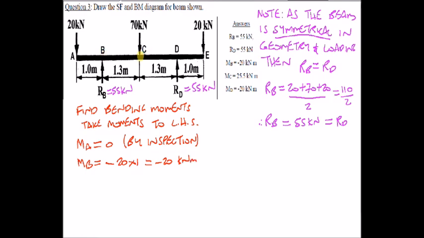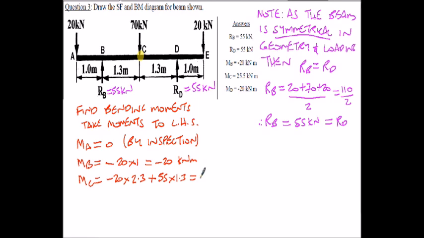And if we take bending moments to the left of point C, we will see that the bending moment at C is going to be negative 20 multiplied by 2.3, or 2.3 meters away from C. And then we're going to add the reaction, 55 kilonewtons multiplied by 1.3.